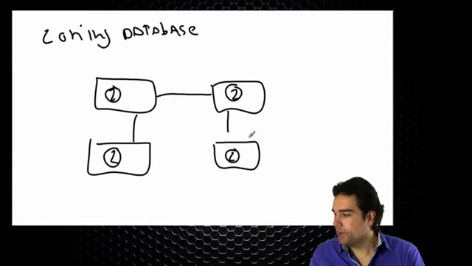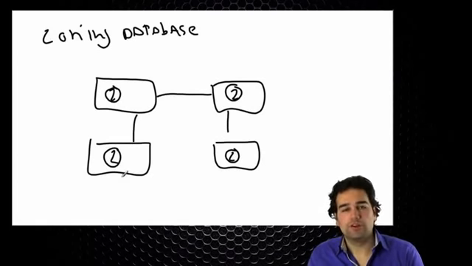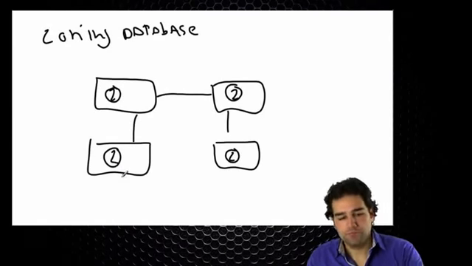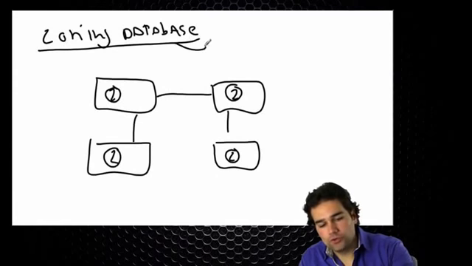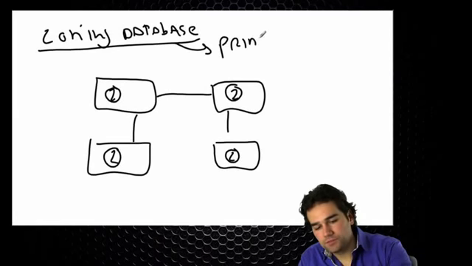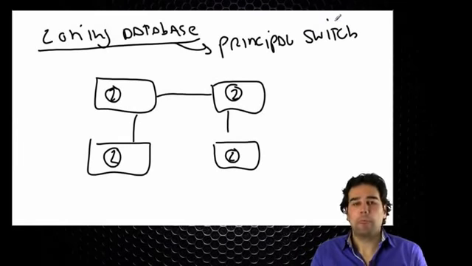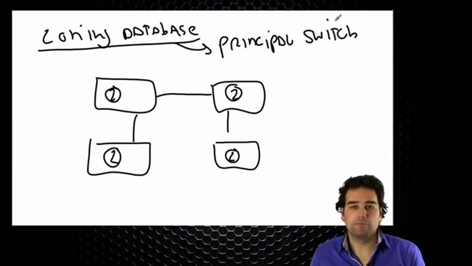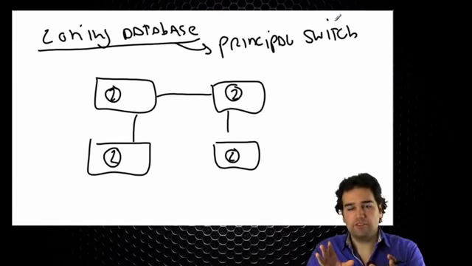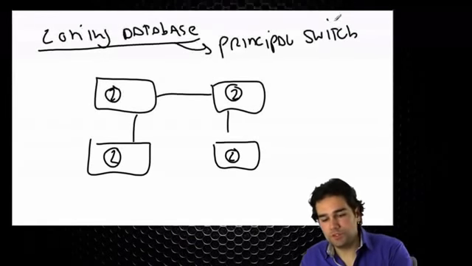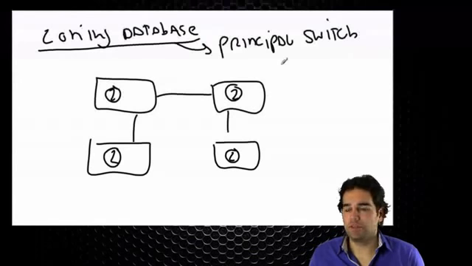As soon as I apply this change to the fiber channel network, everybody will receive a new copy of the zoning database. And who controls that? The principal switch. The principal switch administers the zoning database. It doesn't mean I can configure it from anywhere, but as soon as I activate it, as soon as I publish the changes to the network, the principal switch will make sure that everybody gets a copy again.